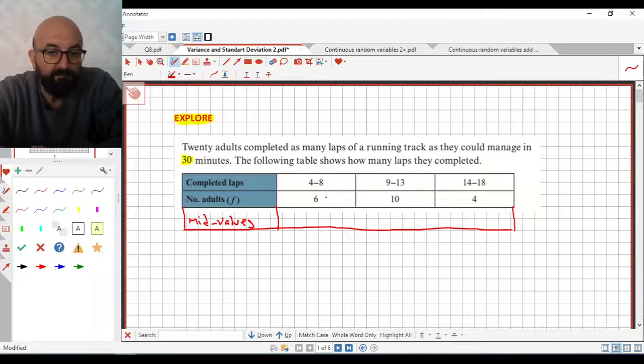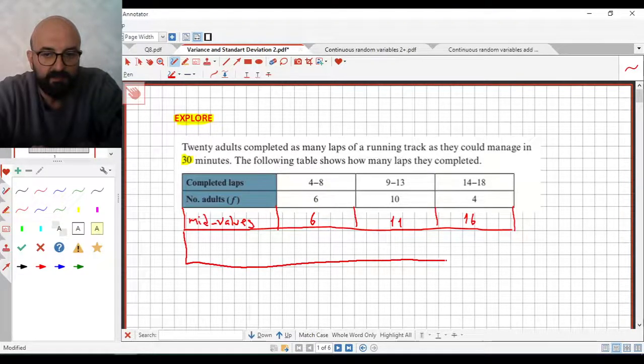For example, in the first column, the mid value is 6. The second column, the mid value is 11. For the third column, the mid value is 16. But I want to take all different mid values.